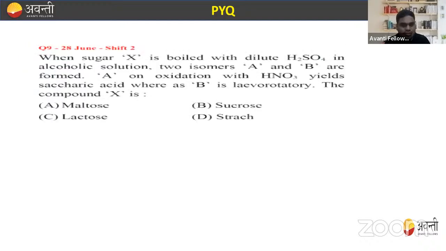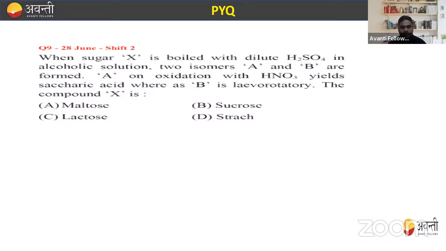Now, the next question is also a very important question: what happens when sugar is boiled with dilute H2SO4, right? When the sugar X is boiled with dilute H2SO4 in alcoholic solution, two isomers A and B are formed. A on oxidation with HNO3 gives saccharic acid, whereas B is levorotatory.